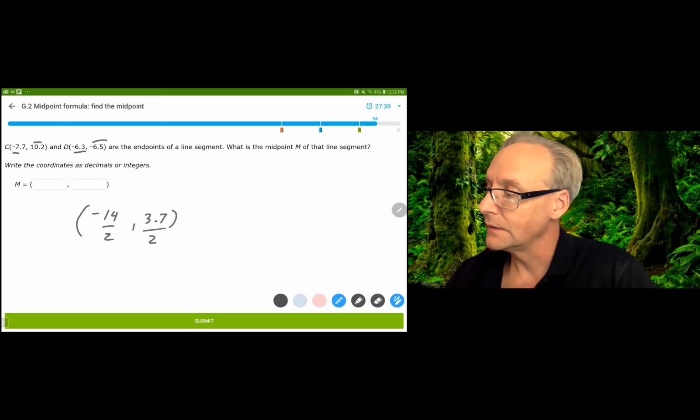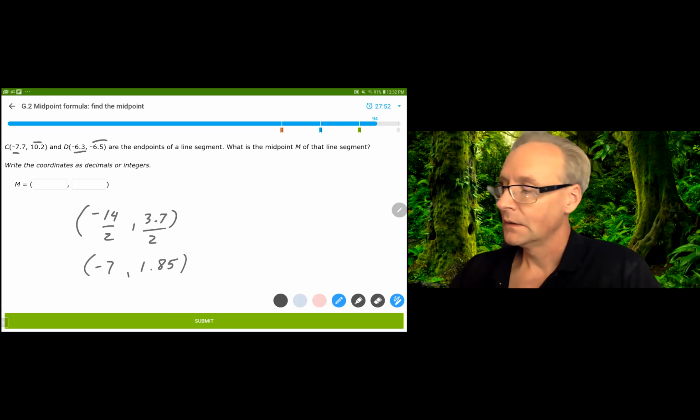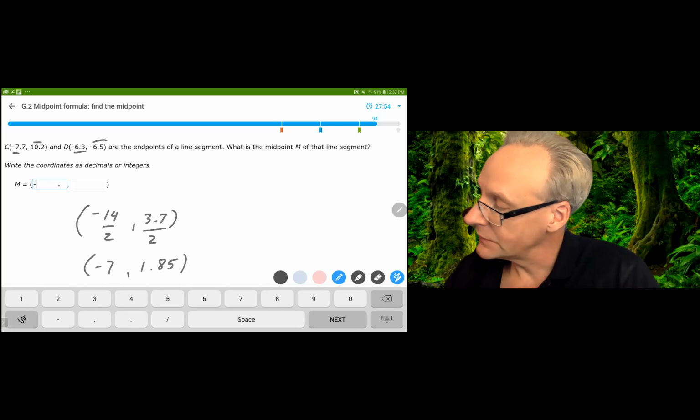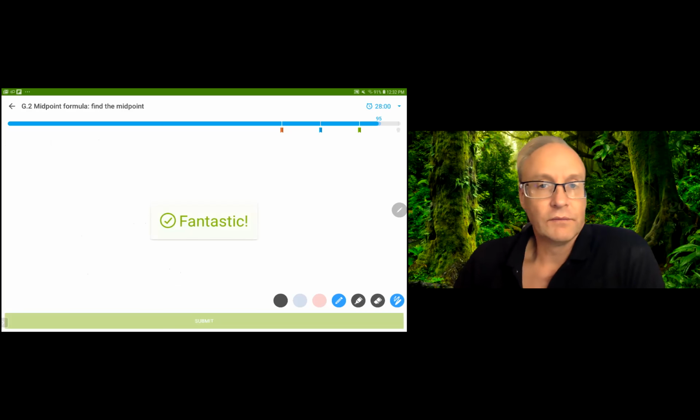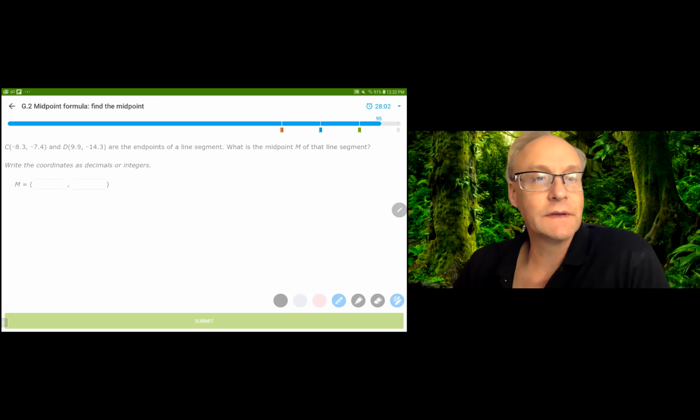Let's see if that's right. And it is. So when I divide by 2, I get negative 7. When I divide this one by 2, I'm going to get 1.85. So negative 7 and 1.85. Hopefully I don't make any dumb errors after this.